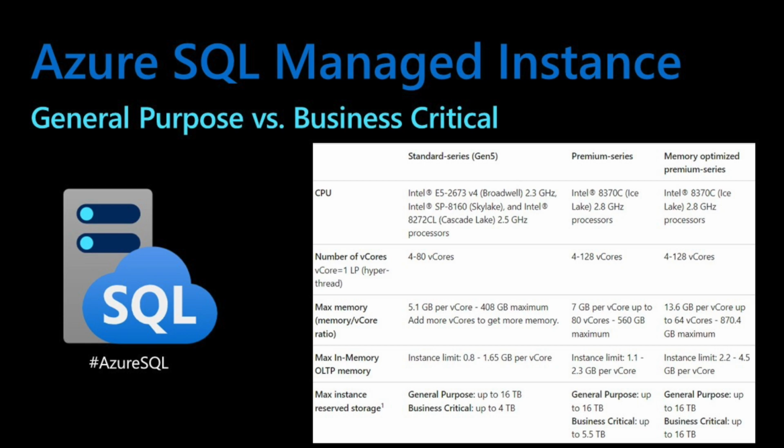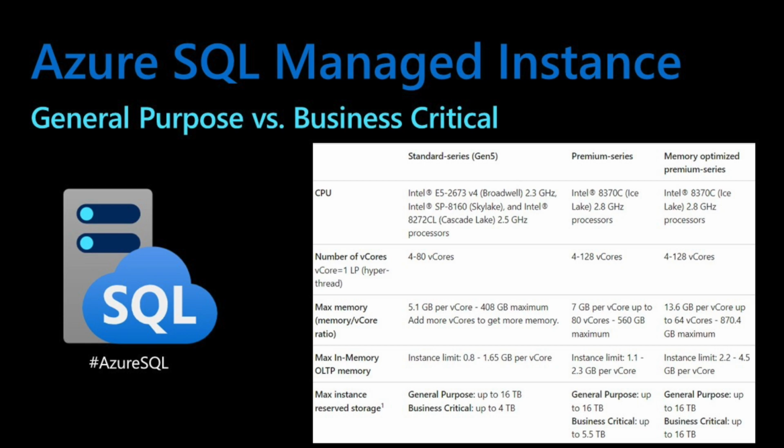Now, the diagram here doesn't do a great job of identifying what can be utilized for each of the two different tiers, so I'll break it down for you. The general purpose tier utilizing the premium series infrastructure is going to allow you to provision anywhere from 4 vCores to 80 vCores.